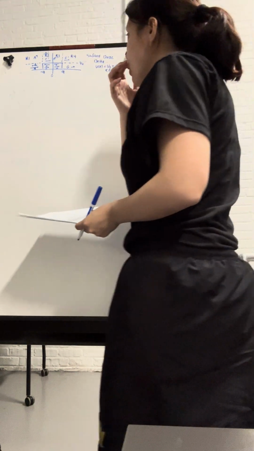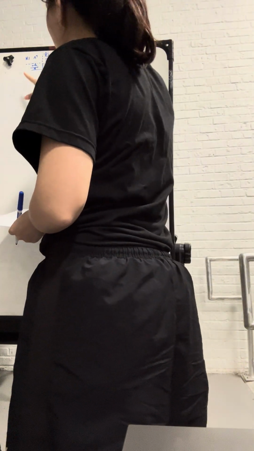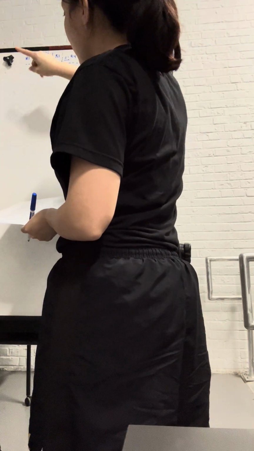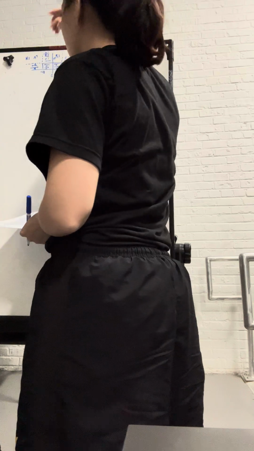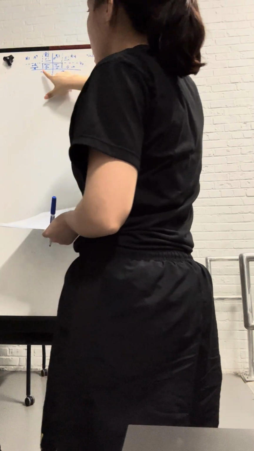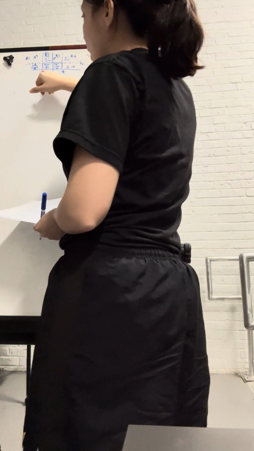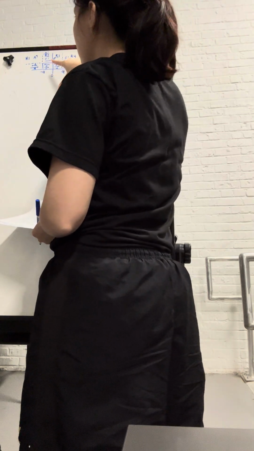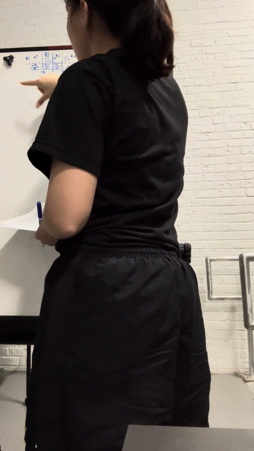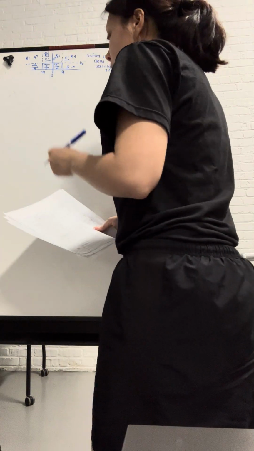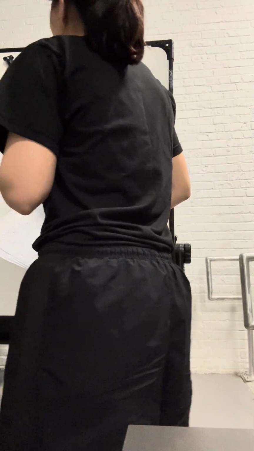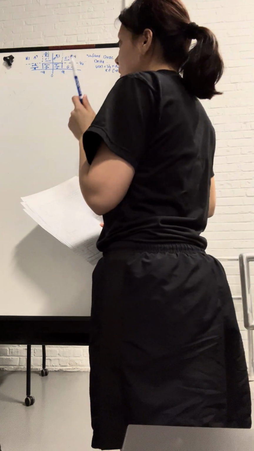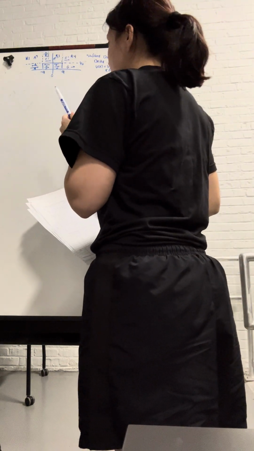Region 1 will have transmitted and reflected waves for E below V naught, and above V naught we only have our transmitted wave. Region 2 is inside the barrier, so it will have transmitted and reflected waves, C and D, and above V naught, C prime and D prime.